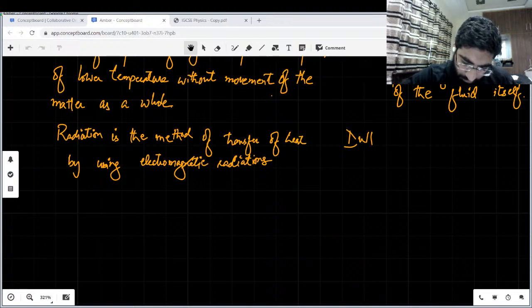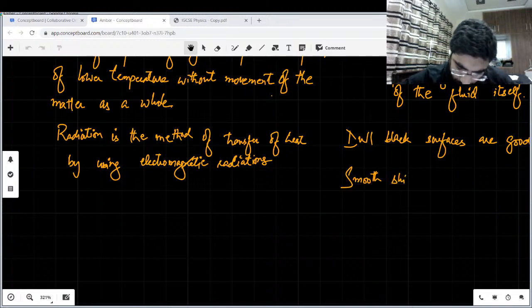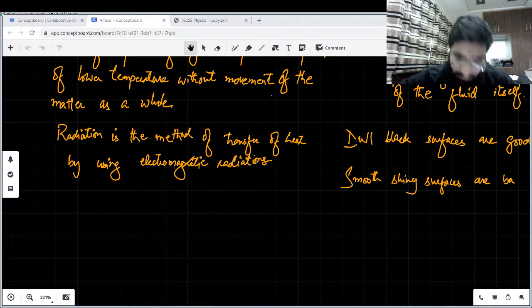Dull black surfaces are good at both emission and absorption of heat, whereas smooth, shiny surfaces are bad emitters as well as absorbers of heat.